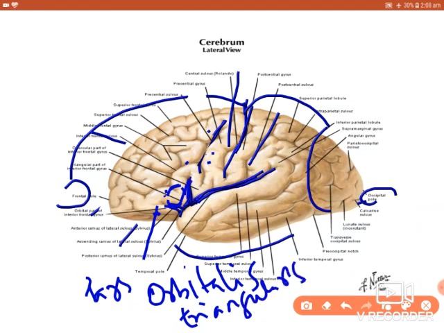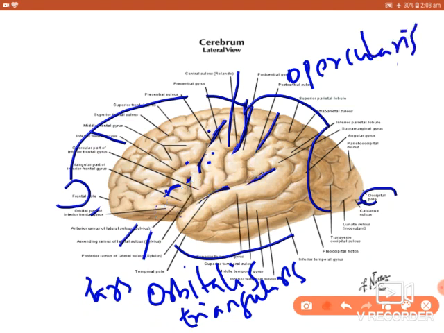Behind the ascending ramus, this area forms the pars opercularis. So in the inferior frontal gyrus, in relation to the rami of the lateral sulcus, this is the pars orbitalis, this is the pars triangularis, and this is the pars opercularis.